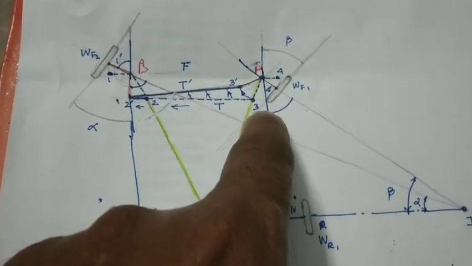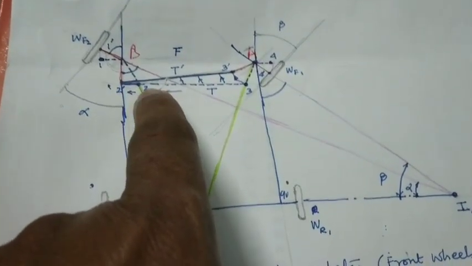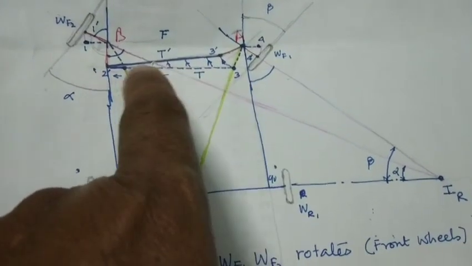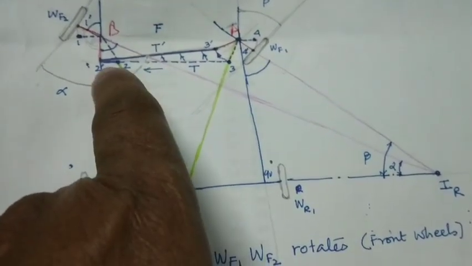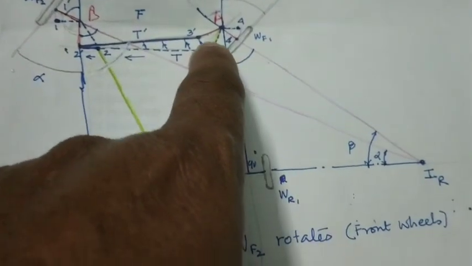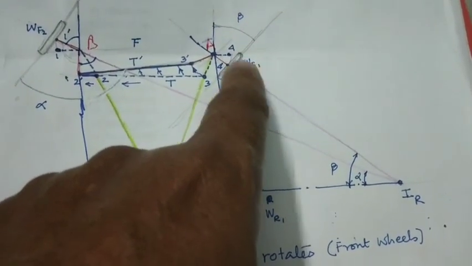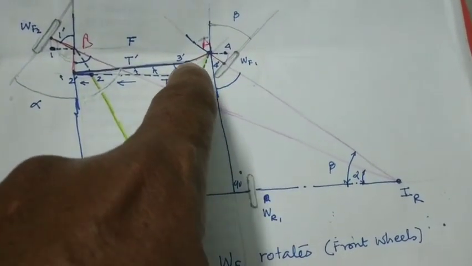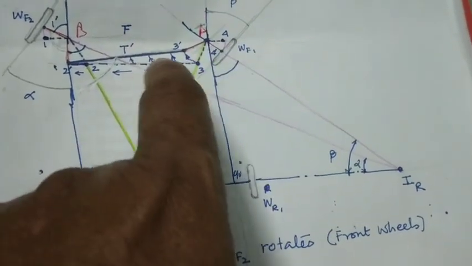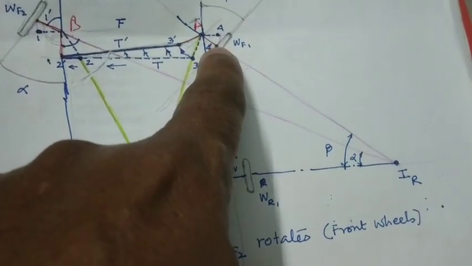So 3 shifts to point 3 dash, and similarly 2 shifts to the point 2 dash here. So that is the overall movement of the tie rod, but you see 2 does not move very much towards this side and 3 moves more towards that. When the vehicle is turning, 3A4 has become 3-A4 dash.